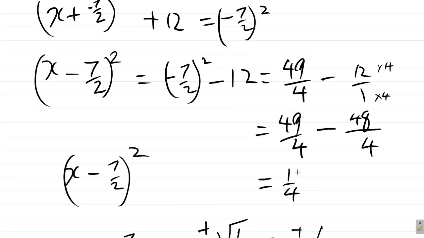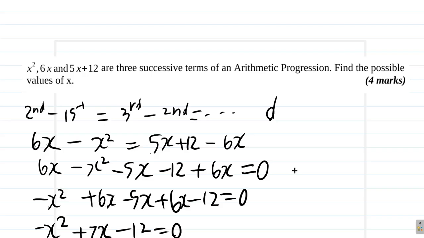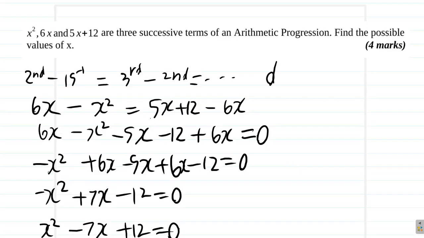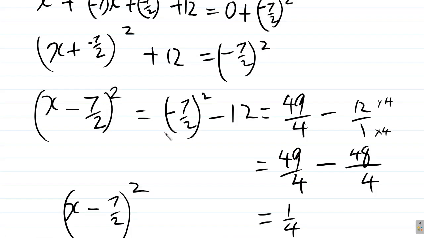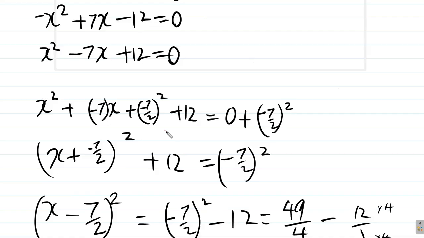Okay. So quick review. We have these three terms that are successive terms of an AP. Find the possible values of x. We say the second minus the first term would be equal to the third minus the second term. That would be the common difference d. When we put it together and simplify, you get a quadratic equation. And then you solve that quadratic equation.